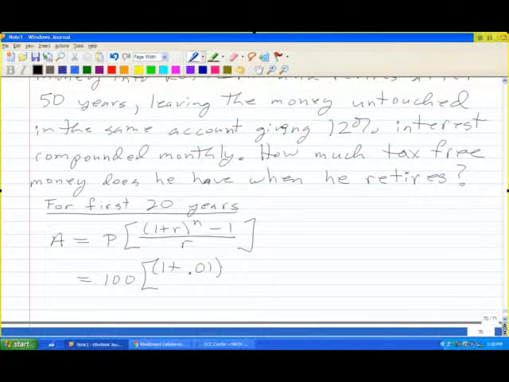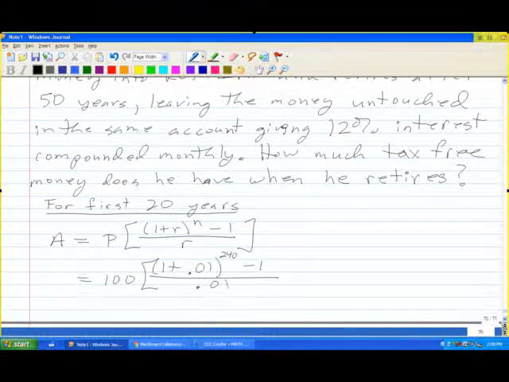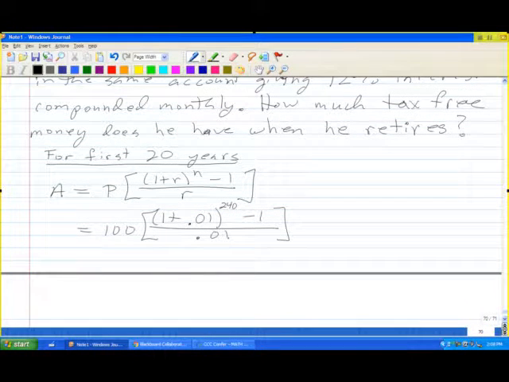And he does that for 20 years. Well, there are 12 periods per year for 20 years. That's 240 periods. And so multiply by 100, so that's 10,000 times 1.01 to the 240 minus 1. So that's the amount of money that you have after 20 years.